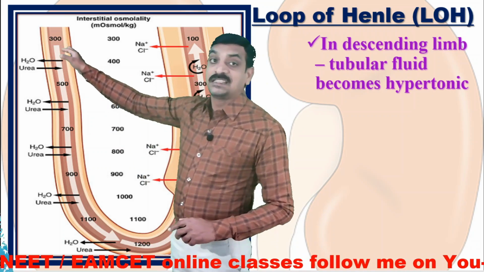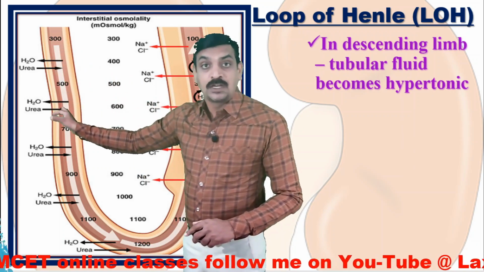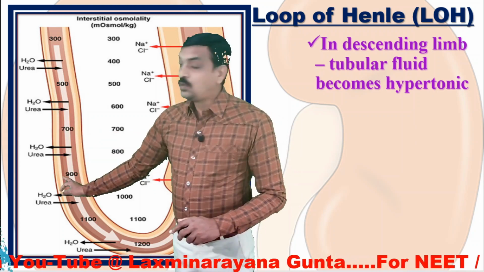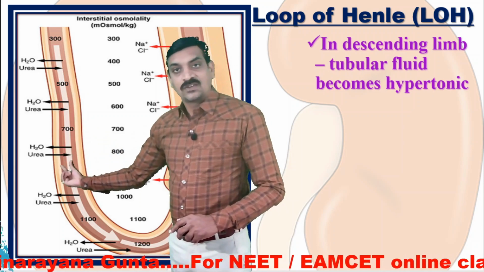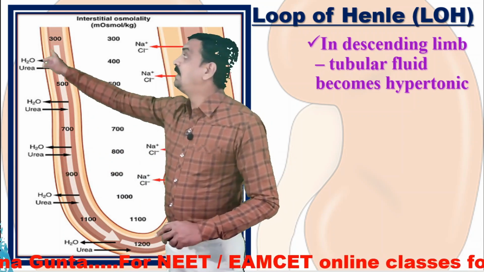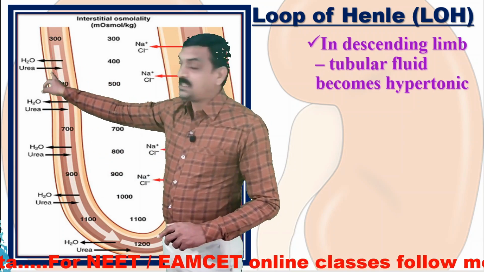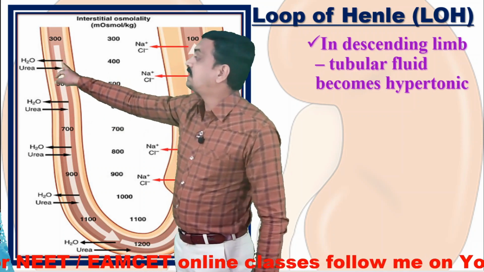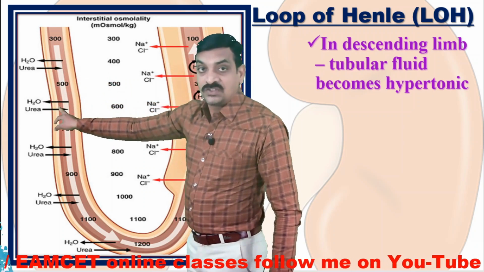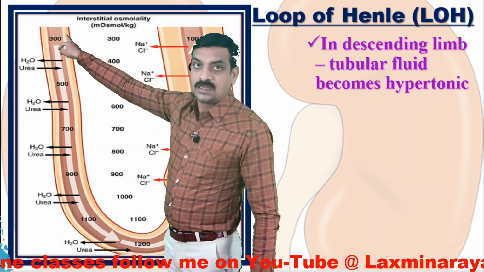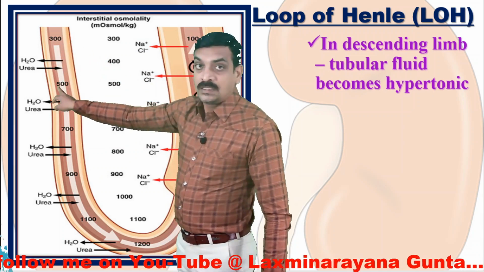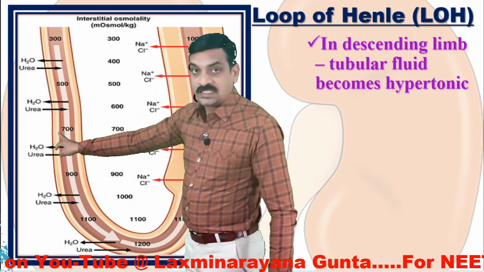Okay. And as the water is reabsorbed repeatedly from the loop of Henle, what happened? The concentration of electrolytes is increased. Thereby, you can observe here clearly, the osmolarity is continuously increasing. Here it is 300 milliosmoles per kg, whereas it is gradually increasing to 500, 600.